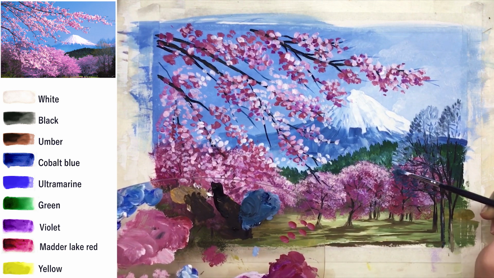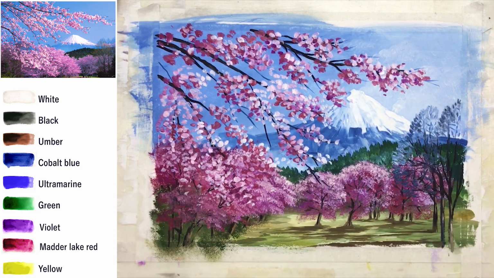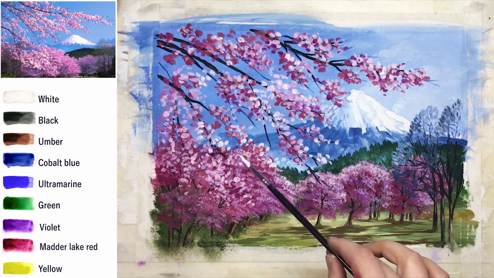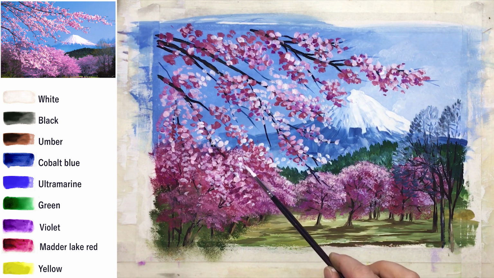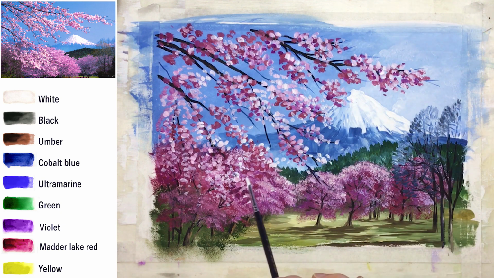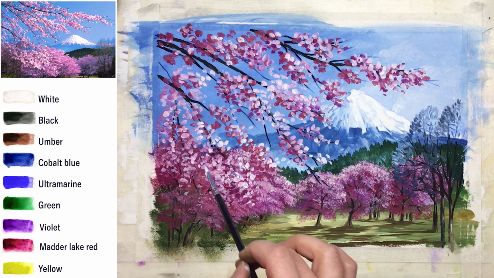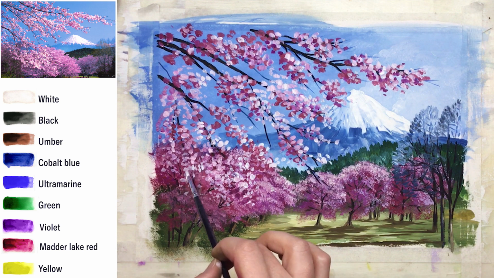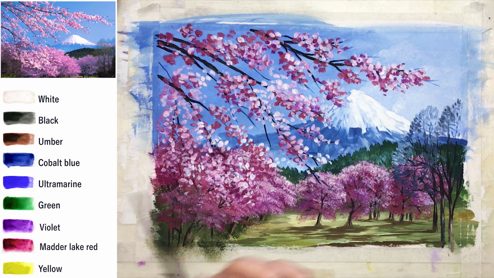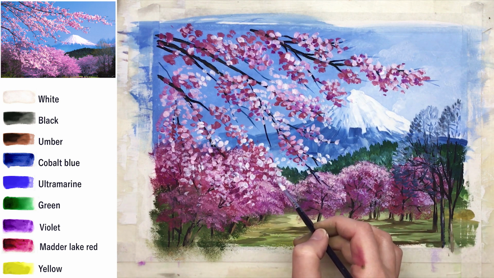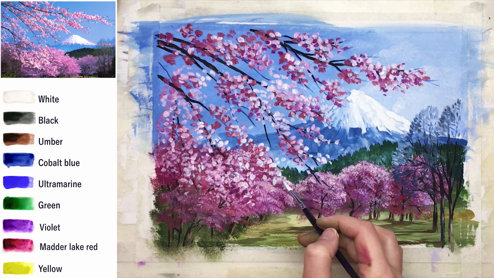Again, I think it gives the feeling of early spring, and I'm pretty happy with these trees on the right side at the moment. And now I only want to add some more white spots on the blooming bushes on the left side, and I think we will be done.